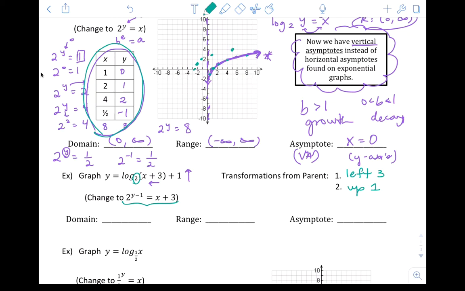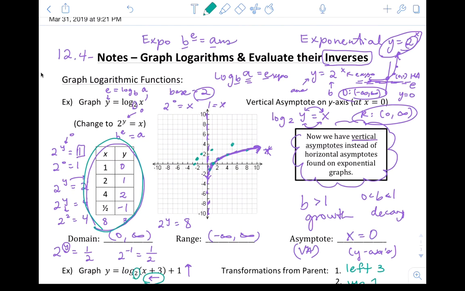Your vertical asymptote just got shifted left 3. So your vertical asymptote is at -3. With exponentials, your horizontal asymptote depended on anything being added or subtracted on the outside, moving it up or down.